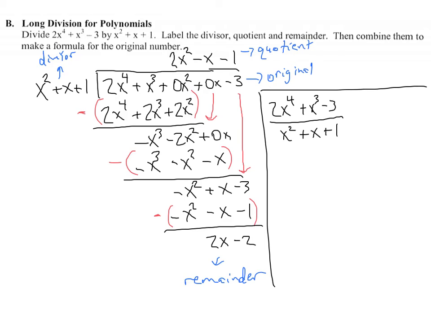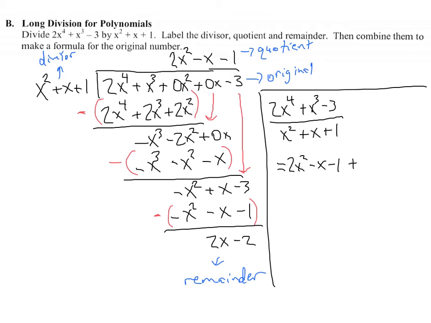Okay, so we took the original and divided by the divisor, and that's going to equal the quotient, which was 2x squared minus x minus 1, plus, and then we still have this remainder left over.